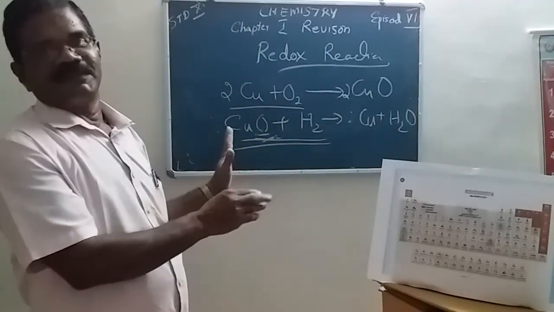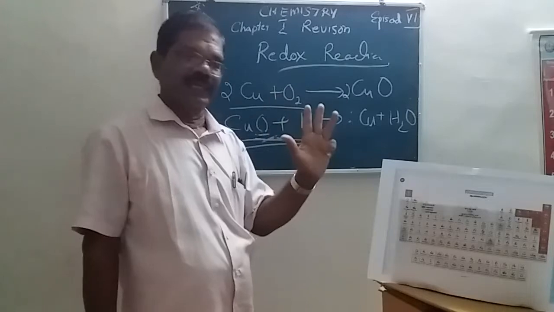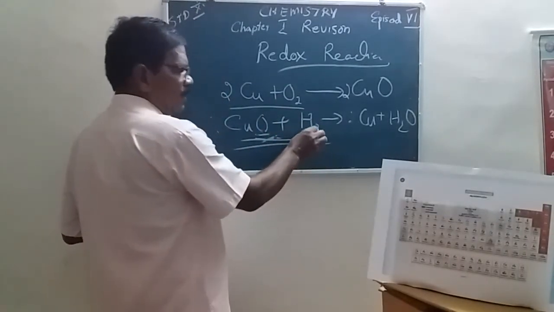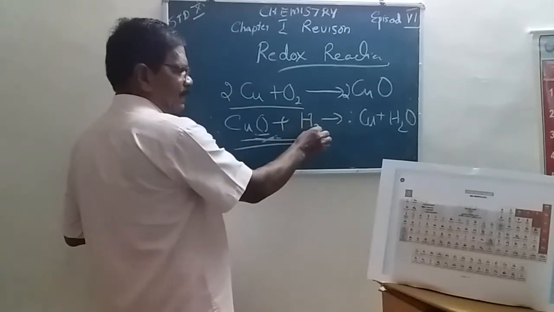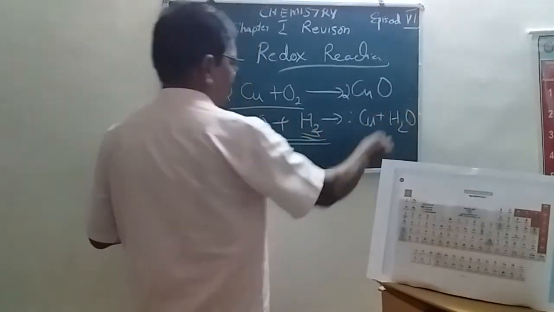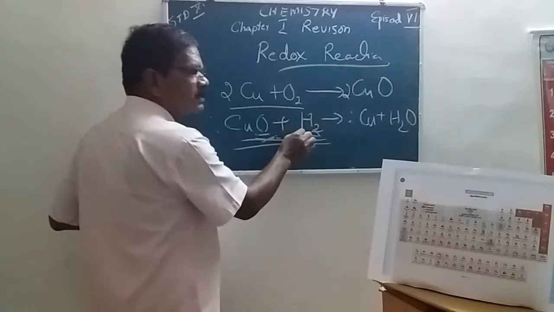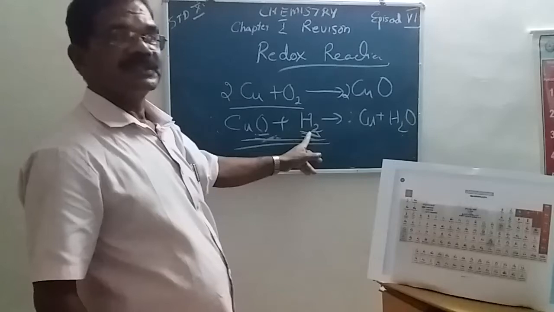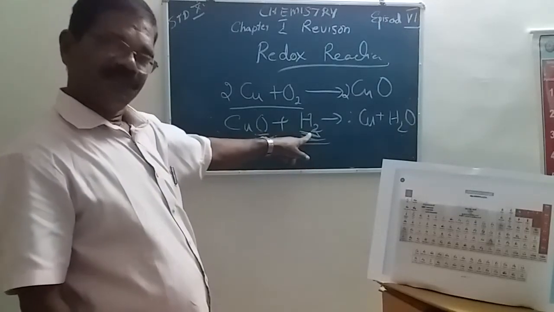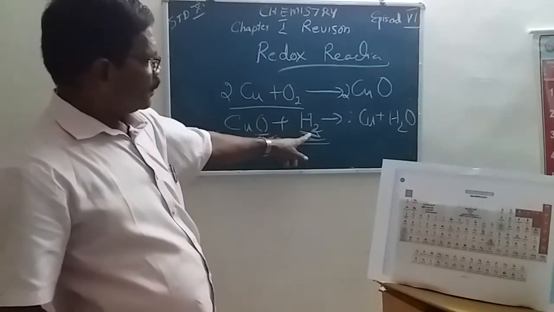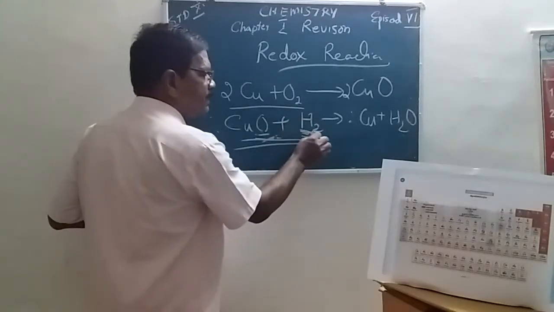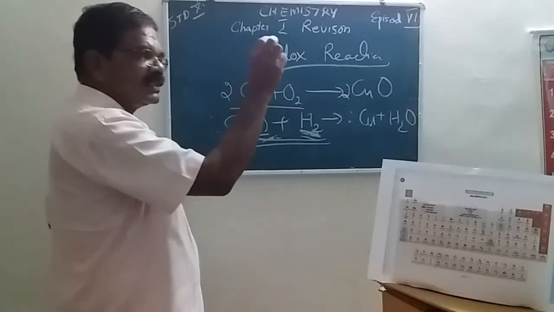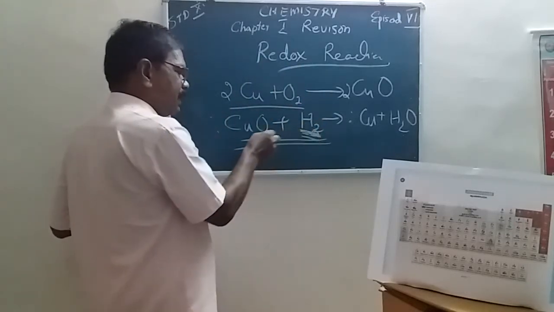The four things. What are the four things? The substance oxidized. Here, the substance oxidized means the hydrogen. Hydrogen combines with oxygen. Oxidation is the combination with oxygen. So the substance oxidized is hydrogen. Then what is the oxidizing agent?